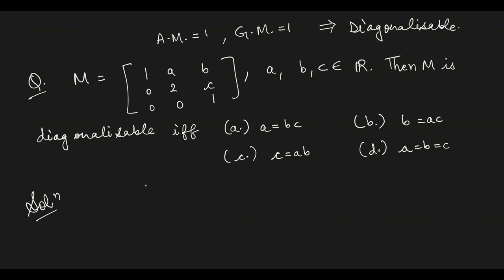So it will be rank 1 when A is 1 and B equals C. So if A is 1, then B should equal C. To find the GM, which eigenvalue are you taking? I'm taking 1, because it is an upper triangular matrix, no?